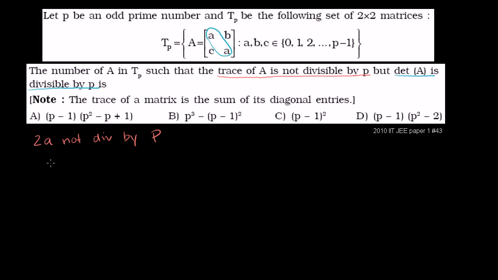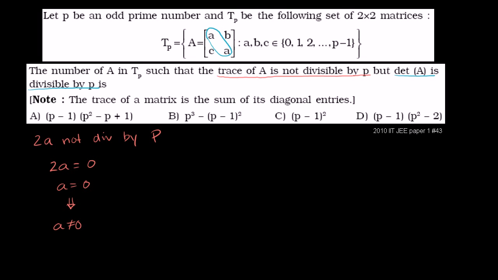If 2a could be equal to 0, because 0 is a multiple of p, in which case a would be equal to 0. So this is a possibility. If a is equal to 0, then 2a is divisible by p. So one of the constraints from this sentence is that a cannot be equal to 0. Because if a is 0, then the trace is divisible by p.